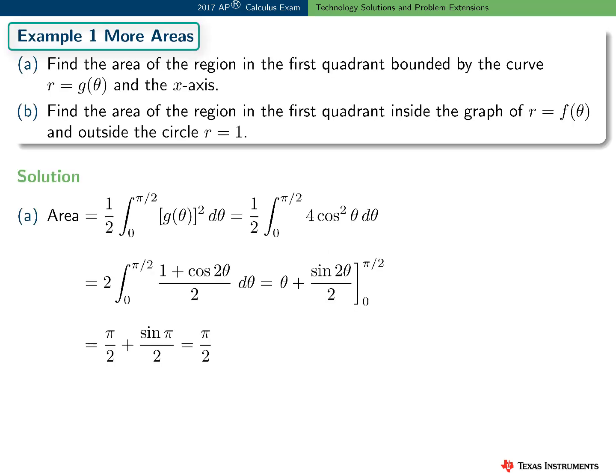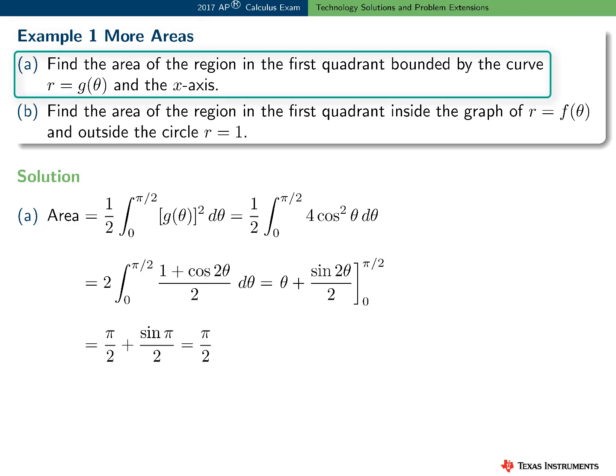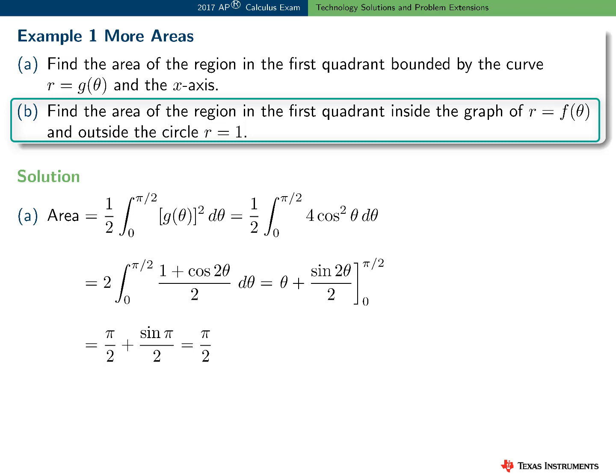Here's an extension to this question involving the functions f and g and a circle of radius 1. First, find the area of the region in the first quadrant bounded by the curve r equals g of theta and the x-axis. And find the area of the region in the first quadrant inside the graph of r equals f of theta and outside the circle r equals 1.